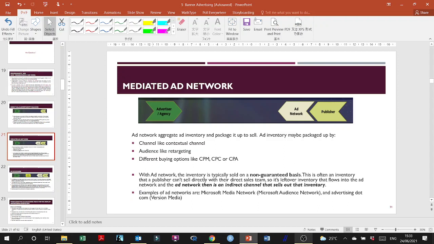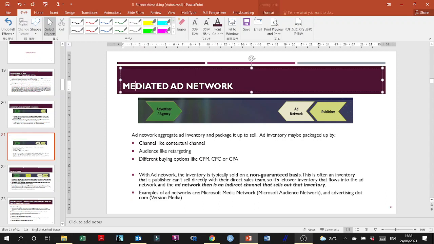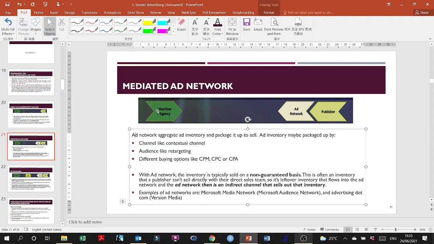The second way of doing advertising, and this is a disruptive way, is the mediation. In the mediation, you will have an ad network that aggregates the inventory, the space.